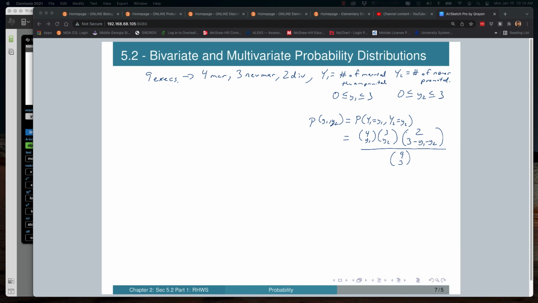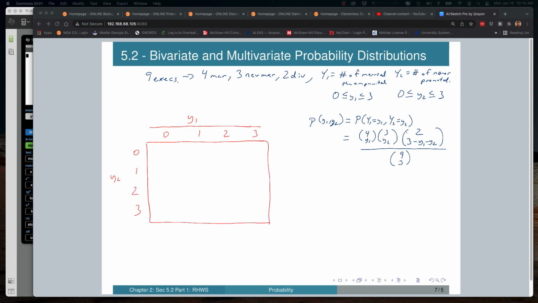So let's write our table out, and then we'll pull a calculator up to help us out. We've got 0, 1, 2, 3 for y1, the possible choosing of the married folks, and then y2, 0, 1, 2, 3.